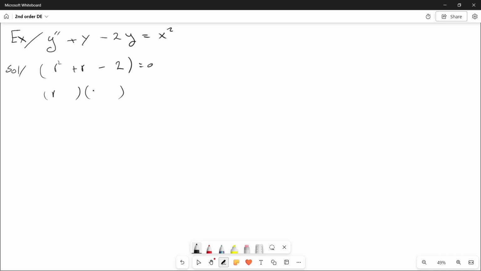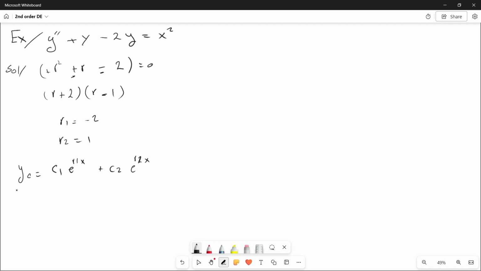We need two numbers that multiply to give us negative 2 and add up to give us plus 1, which are 2 and 1. So we have r1 is equal to negative 2 and r2 is equal to 1. So our complementary solution yc is equal to c1 e to the r1x plus c2 e to the r2x.